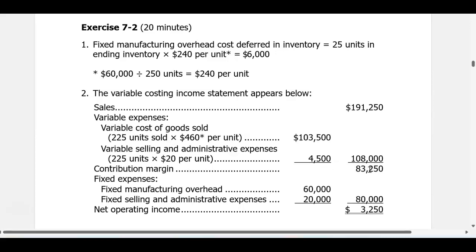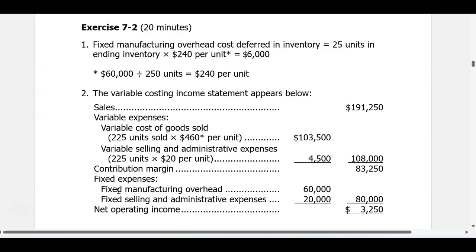So what is contribution margin? Contribution margin is sales minus all variable expenses. Gives us a dollar amount that with that dollar amount, we can pay all fixed expenses in the business. All fixed expenses in the business.